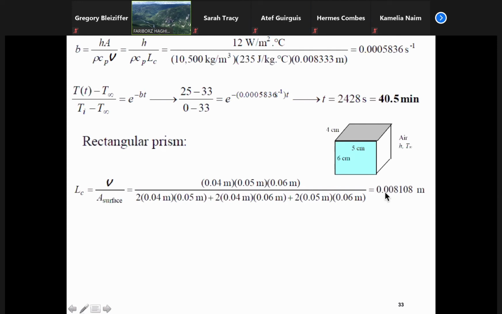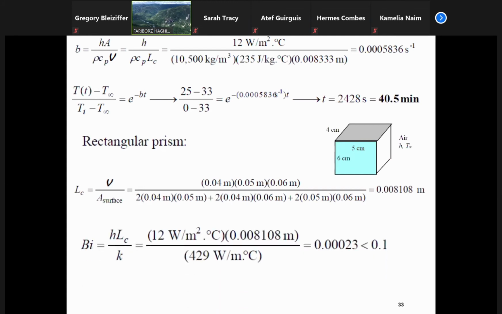Again, we go back, the same thing, and verify if we can use the simplified equation or not. Therefore, in place you have Lc, you have h, you have k, and verify if we can make that assumption. And again, we find this Bi number is this one, okay? Again, we can see the coincidence, always the same value, okay? Therefore, now we have this value here.